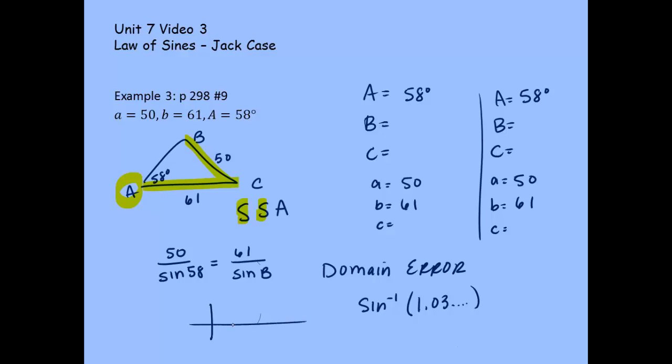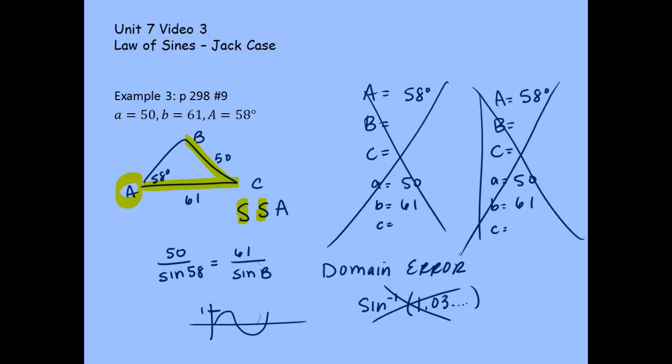If you think back to our graph, sine is never greater than 1. So therefore, this will always come up with a problem. I cannot fit a value in there to get my sine inverse to work. That means that not only is there not a second triangle, but there isn't even a first triangle. These values do not lead us to any possible triangle. So in this case, you would write no such triangle.